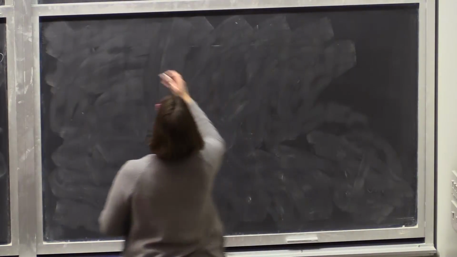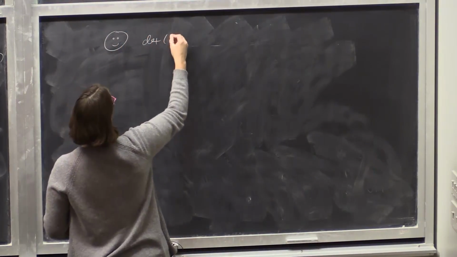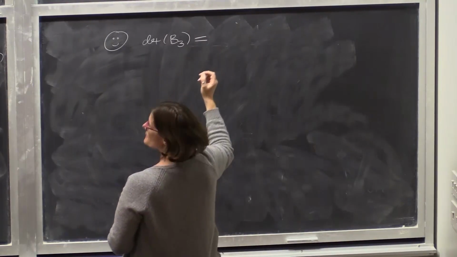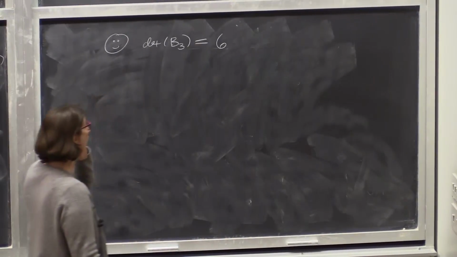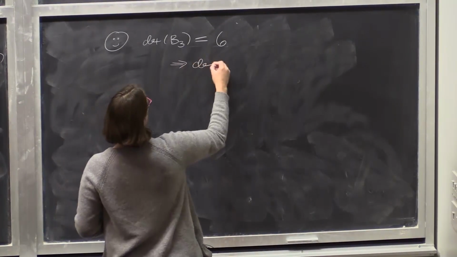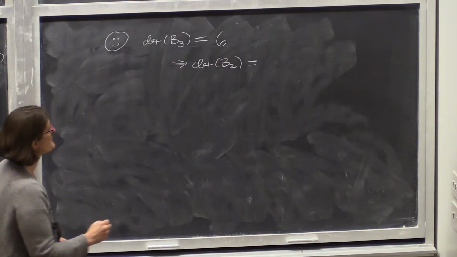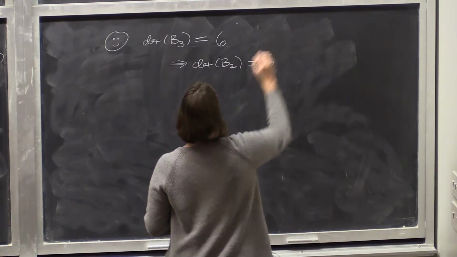So you've gotten this far in the game, and you're happy because the determinant of B3 is something you can compute. The determinant of B3 was 6. So this is going to tell us that the determinant of B2 is equal to what? 6, because determinant B3 equals determinant B2.